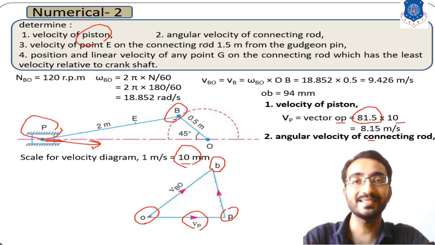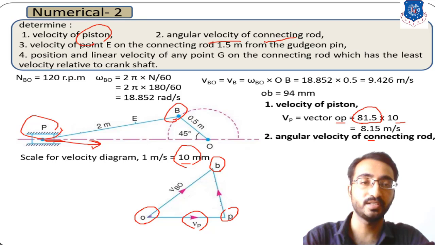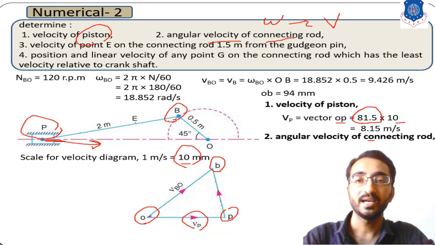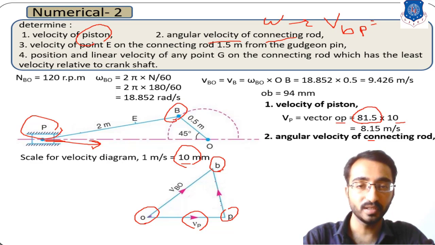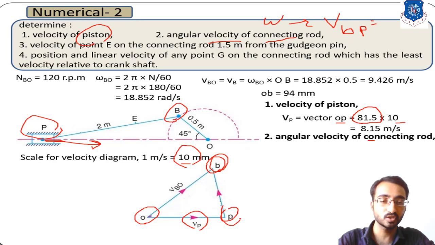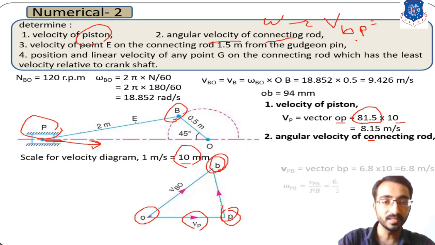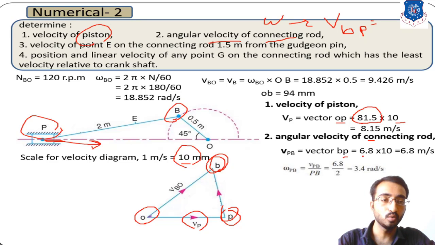Okay, now second data, that is angular velocity of connecting rod. How will you calculate the angular velocity? To calculate angular velocity omega, we have to first calculate linear velocity of connecting rod, and linear velocity of connecting rod we can say velocity Vpb. So over here if you consider velocity of B with reference to P, then Vbp is the length of Vbp, and that is equal to 6.8 into your scale, that is 10.